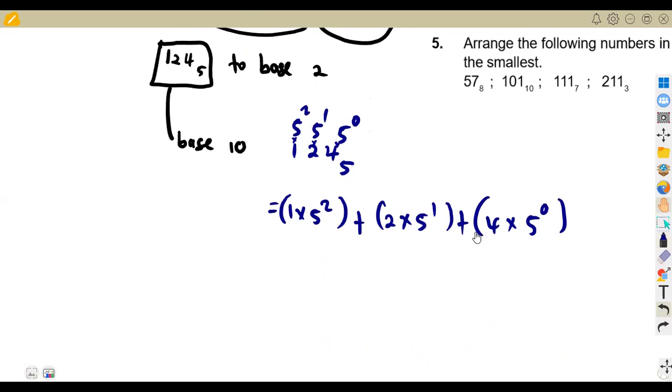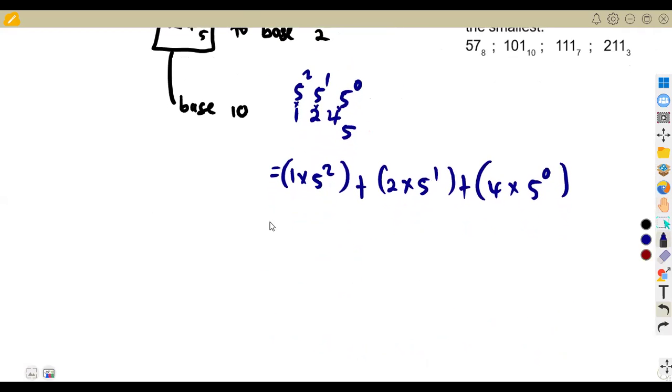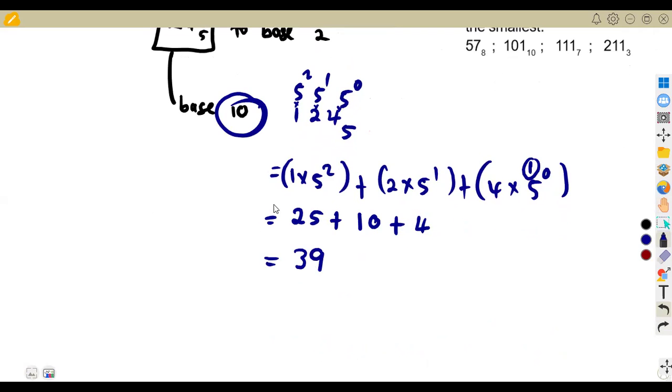Then simplify each part, all right? 5 squared, that is 25 times 1, which is 25, plus 5 to the power of 1, which is 5 times 2, which is 10. That's a 1 here. 1 times 4, which is a 4. Then we add, this is 35, plus 4, which is 39. So that is 39 in base of 10.